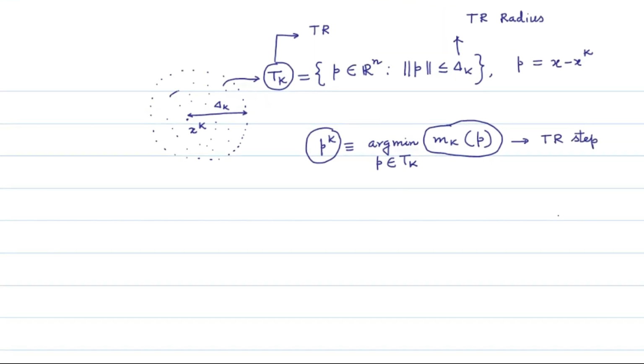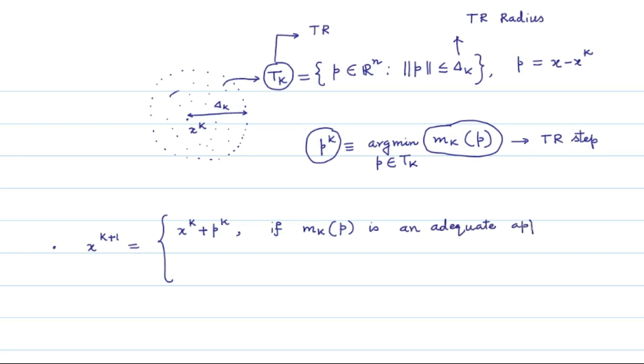Identifying pk, we update the iterative point xk to xk plus 1, given by xk plus pk, if mk is a good model function, an adequate approximation of f inside the trust region Tk.